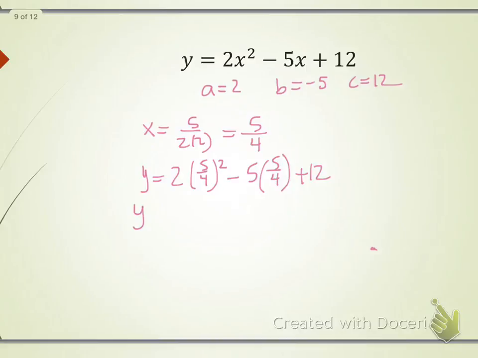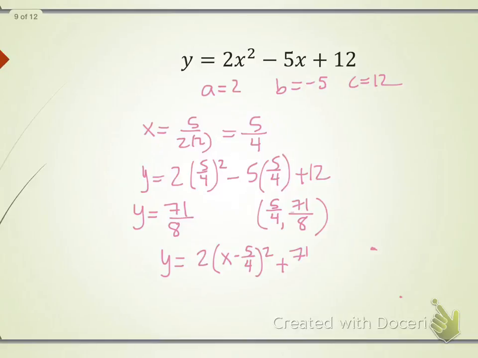So I could literally just type this in the calculator. Make sure you use parentheses when you need to use parentheses. And I get 71 over 8 as my y value. So my vertex is 5 over 4, 71 over 8. So when I make my equation, I got y equals my a value, x minus 5/4 squared plus 71 over 8.